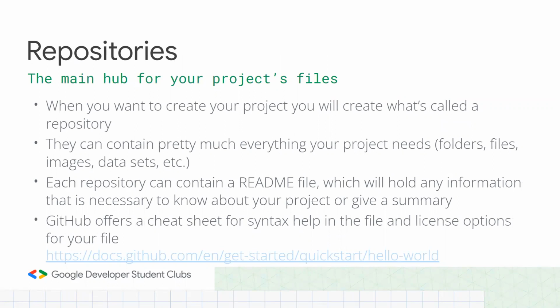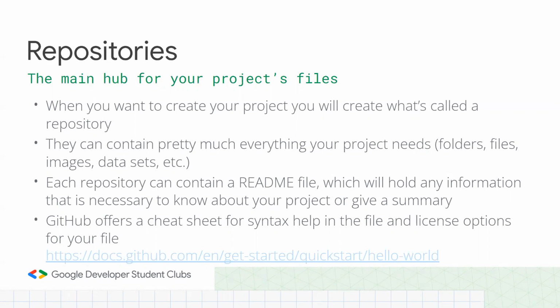So our main hub for project files is called repositories. This is where you will usually create your project, and it will contain pretty much everything your project needs, from folders, files, images, and data sets, and anything else you might have. Each repository can also hold a README file, which will hold any information that is necessary to know about how to run your project or what the project's about, basically a summary of your project.